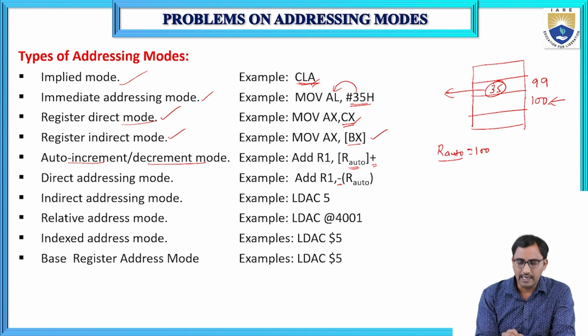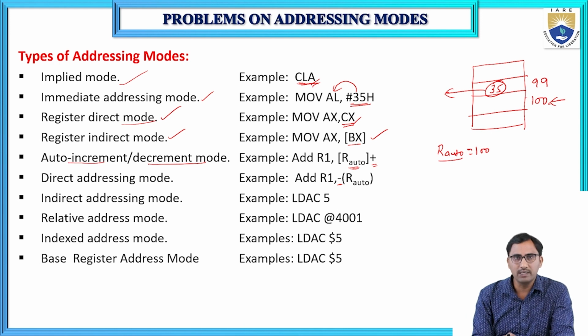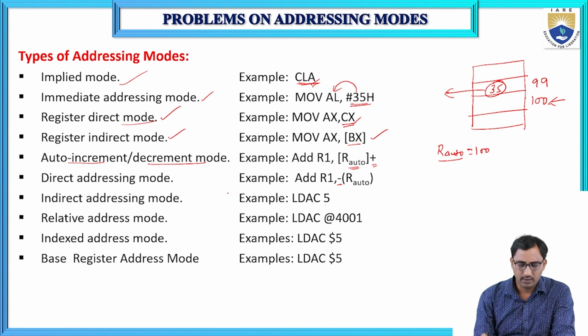So this is auto decrement mode. Next one, direct addressing mode. Direct addressing mode means the effective address is specified in the instruction directly. So direct addressing mode is this one, LDAC 5.